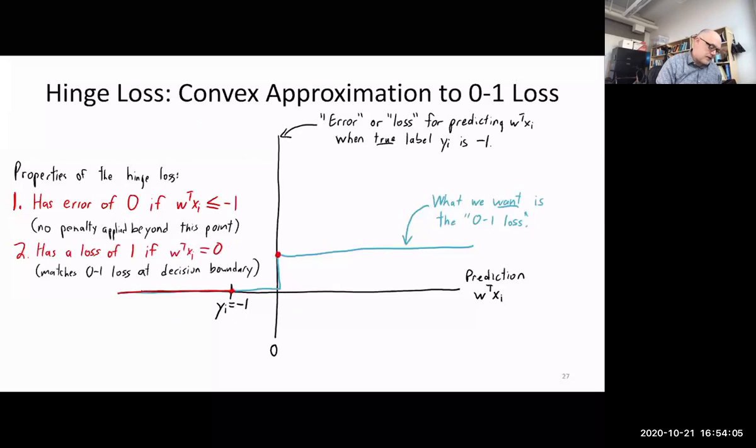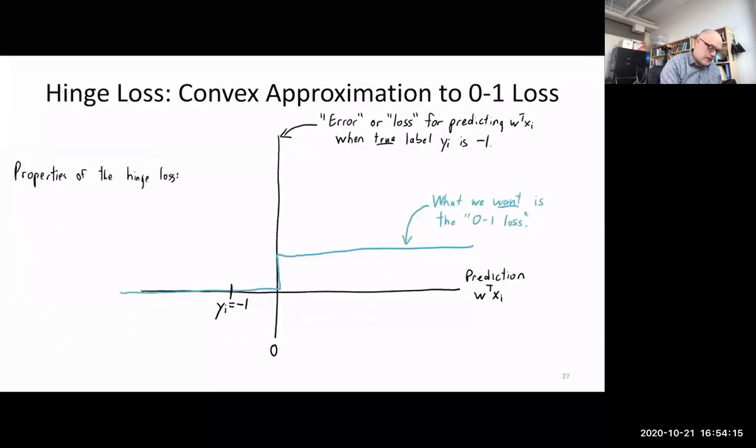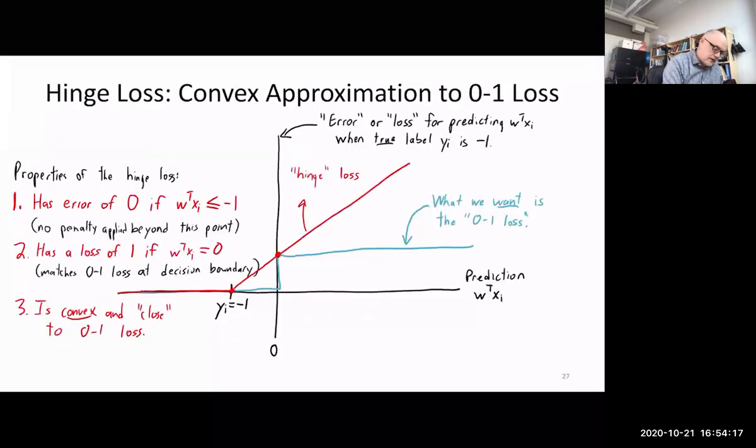If you just plot the hinge loss, if you stick in W transpose x equals 0, then this is 1. So you're going to see that it's 1 here. You can verify that it's 0 at y equals minus 1.